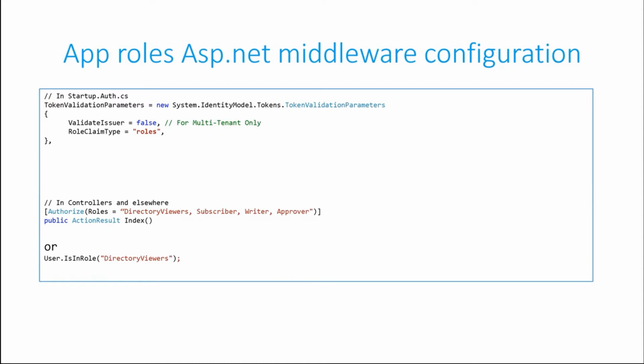You don't have to do anything for it. In your startup.auth, you would simply put the role claim type as roles. And in your controllers and elsewhere, you can continue to use your authorize attributes as you have been using. The middleware takes care of actually getting the roles from a token and then making them available for your code.